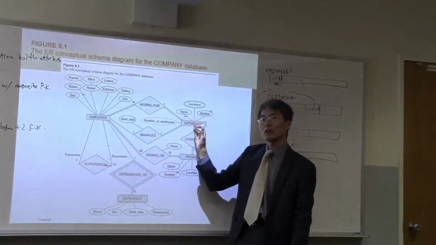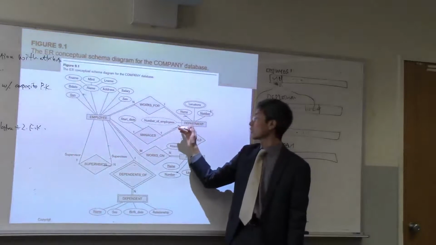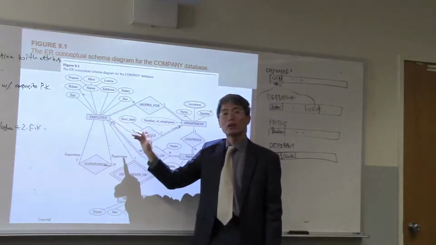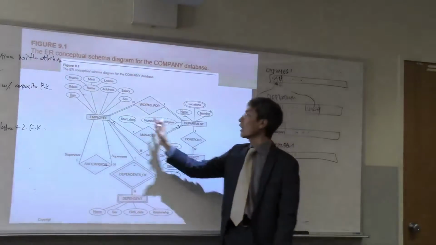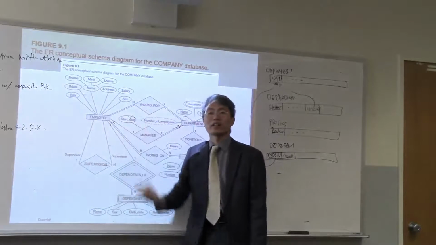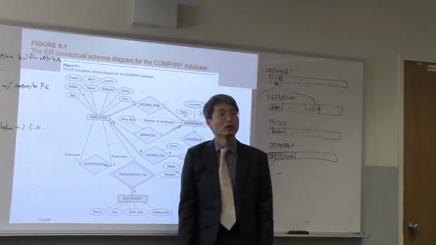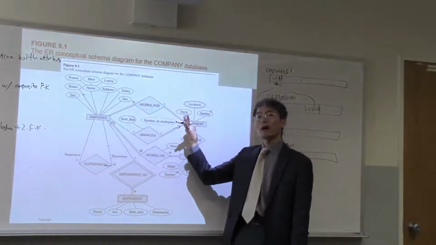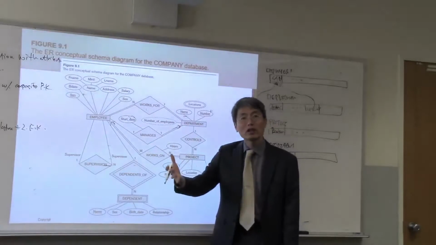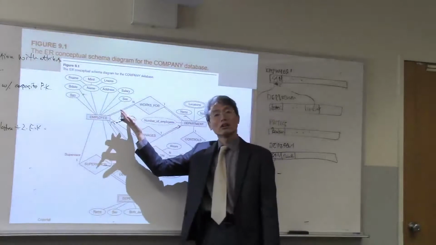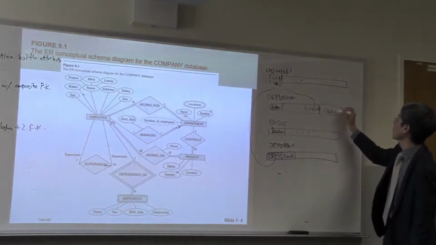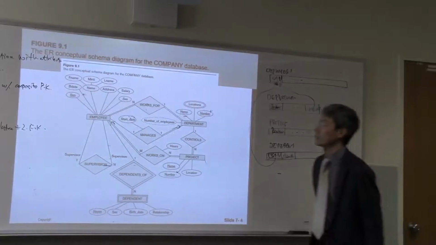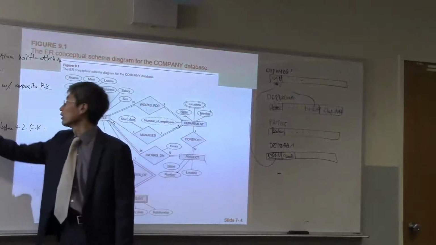But which one is better, department or employee? Department. Why? Because not all employees have a starting date as a manager. But each department should have one manager, and that manager has a starting date. So we'd better move the start date here. That is the third option.